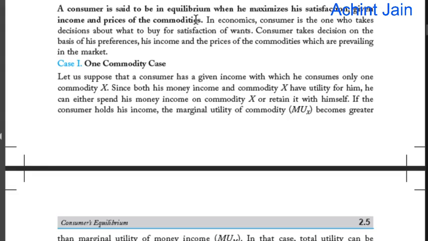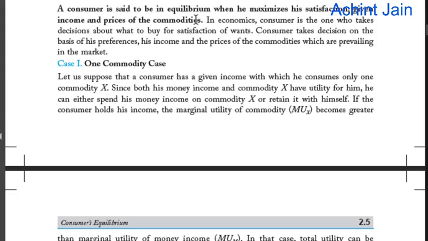Consumer equilibrium is a situation in which a consumer gets maximum satisfaction from the purchase of a commodity with given income. The consumer will attain equilibrium at the point where the marginal utility of a product divided by the marginal utility of a rupee is equal to the price of the commodity.